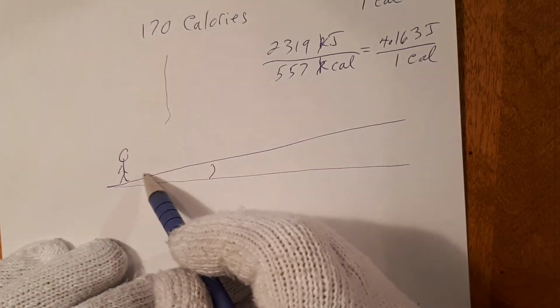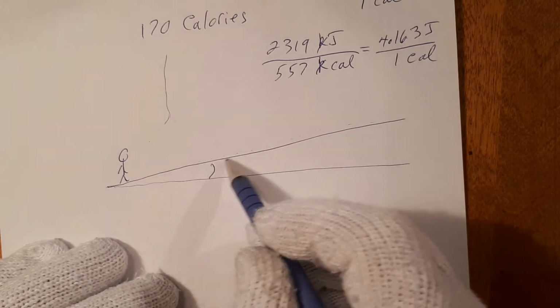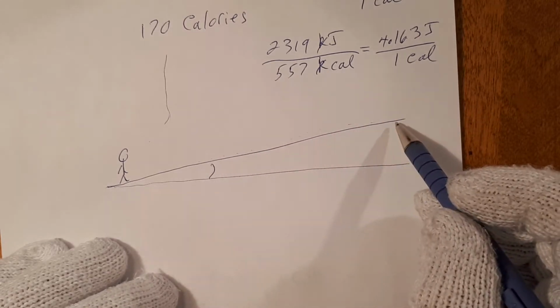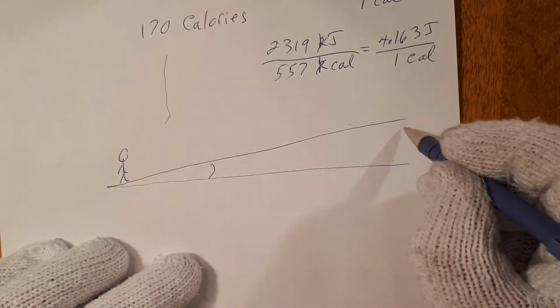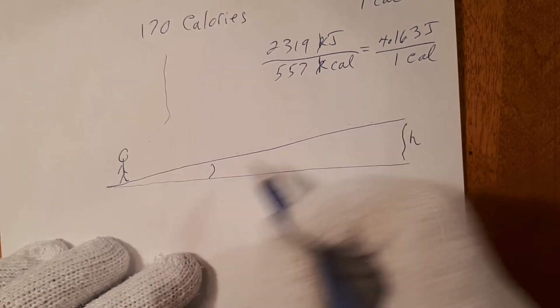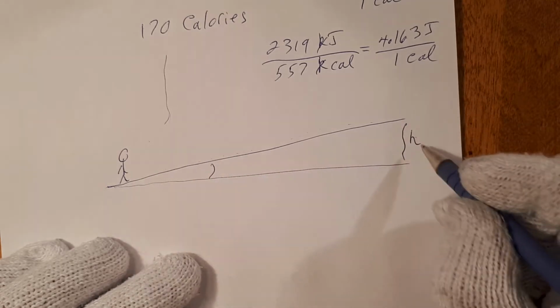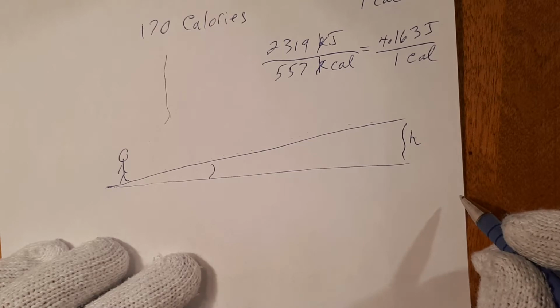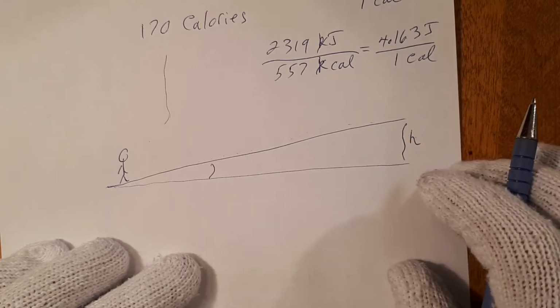As you start climbing up, you start walking on this right here. Working on an incline, you're going to work off some energy. What we're being asked to do is to find how high must he go, a little at a time, to burn off 140 food calories. You need to calculate this height.